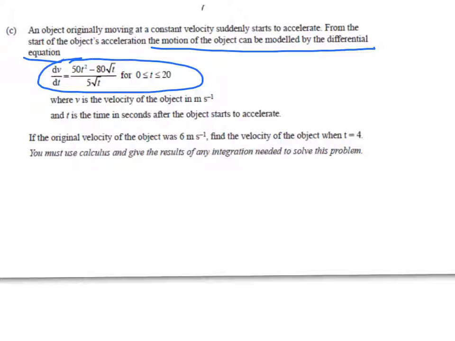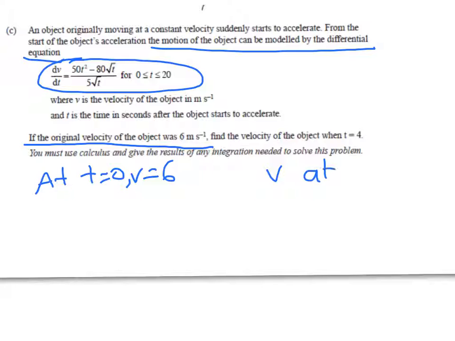And we're told that the original velocity was 6 meters per second. So we can write down at t equals 0, v equals 6. And our goal is to find out v at t equals 4. Now if we take a close look at the DE, we can see it's not a nasty one at all. We've just got one variable here, and it's t.